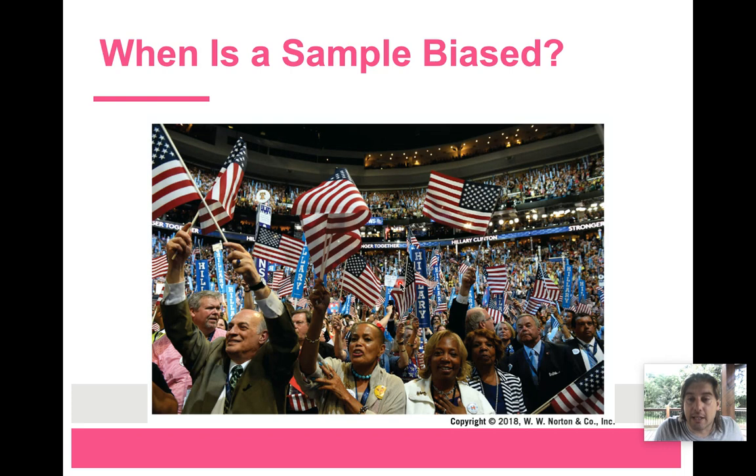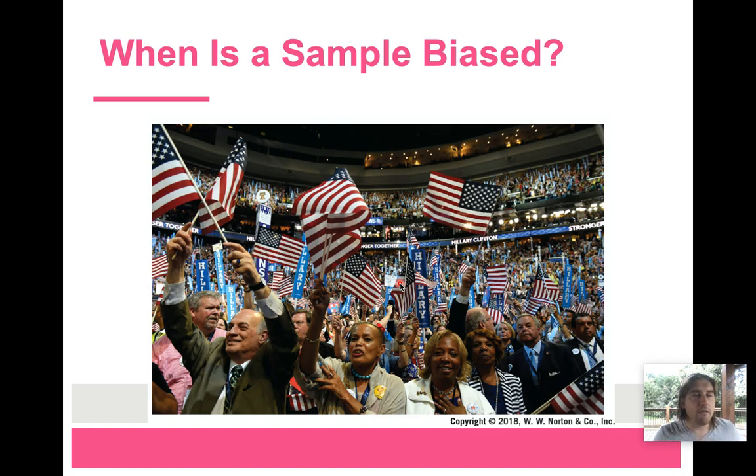So what you're likely to get at a political rally are the most gung-ho, the most motivated, maybe the slightly more extreme people in their personal beliefs and ideologies about that political party. What you're likely to miss are the more moderate people, or the less motivated people who are still registered Democrats and are still planning on voting for a Democratic candidate, but they just didn't make the effort to go to the rally because it's just not as important to them.